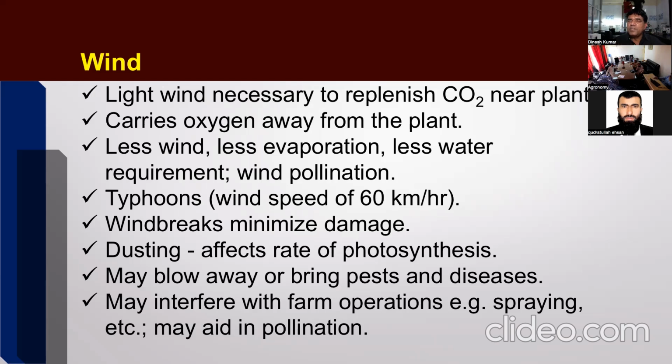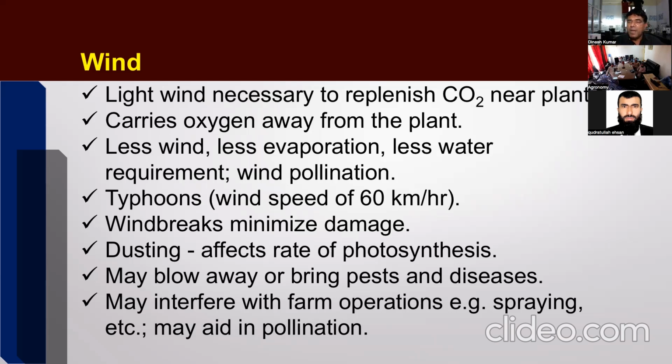So it needs to be distributed in the atmosphere. It is distributed through the wind, and plants need carbon dioxide. So wind brings the carbon dioxide near the plant. It helps to distribute oxygen and brings carbon dioxide near the plant.